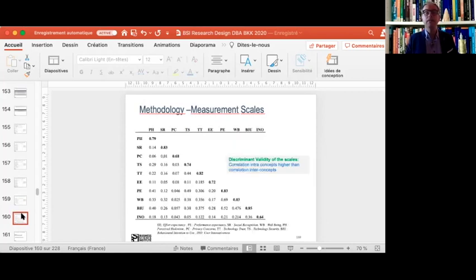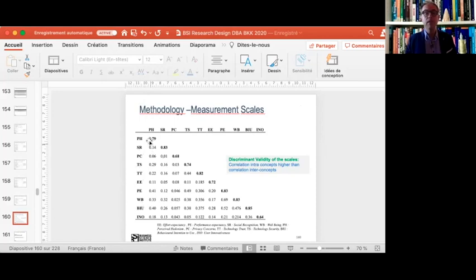And finally, we measure discriminant validity, which means that the correlation within the concepts should be higher than the correlation between concepts. So we can see here, for example, perceived hedonism has a higher correlation with perceived hedonism than with all the other concepts: social recognition, privacy concerns, technology security, technology trust, effort expectancy, performance expectancy, well-being, behavior intention to use, and innovativeness.